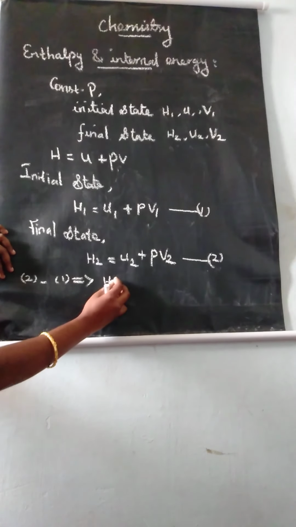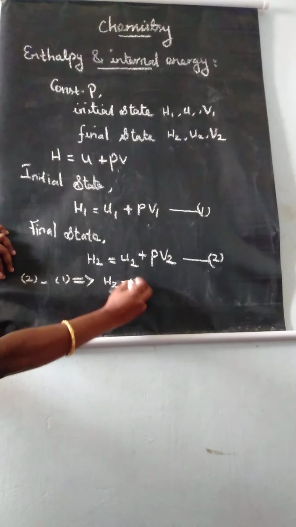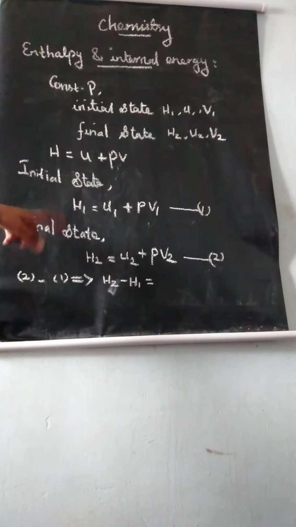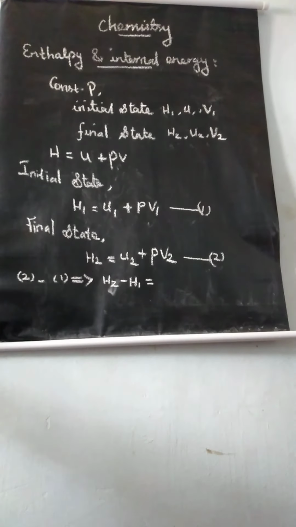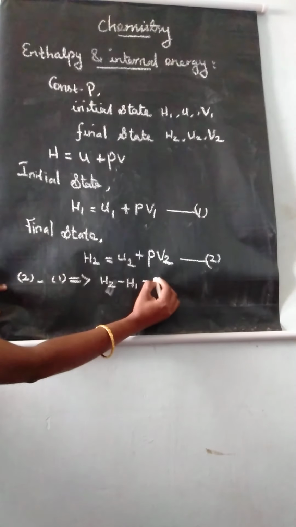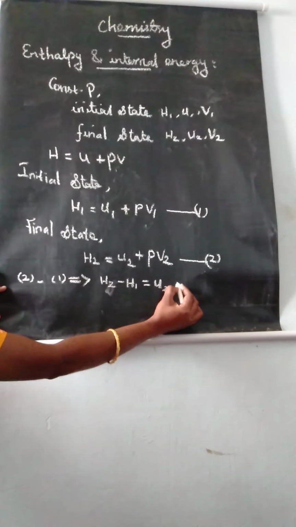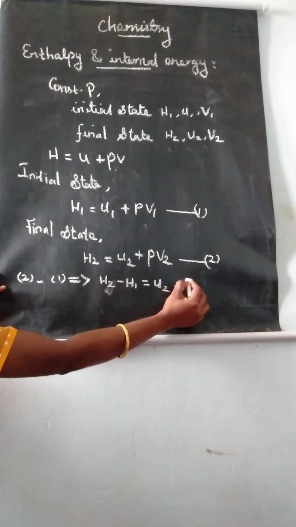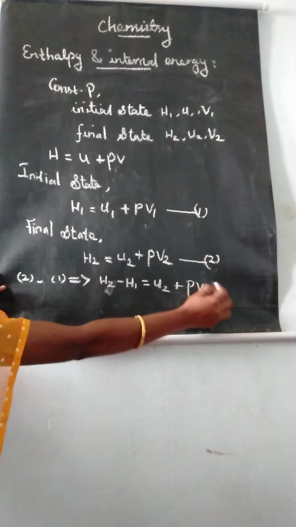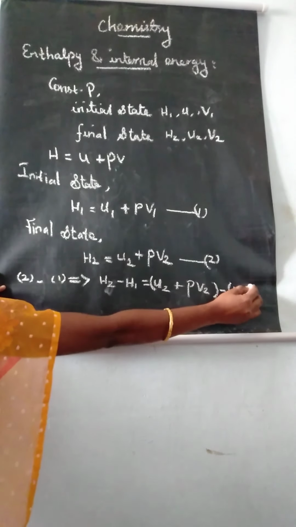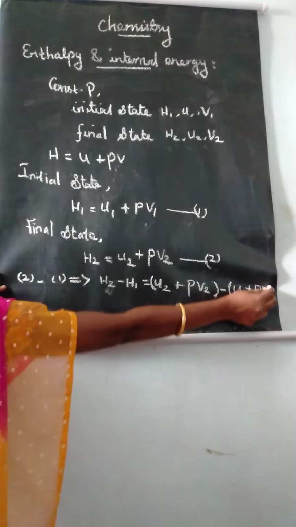H2 minus H1 is equal to U2 plus PV2 minus U1 plus PV1.